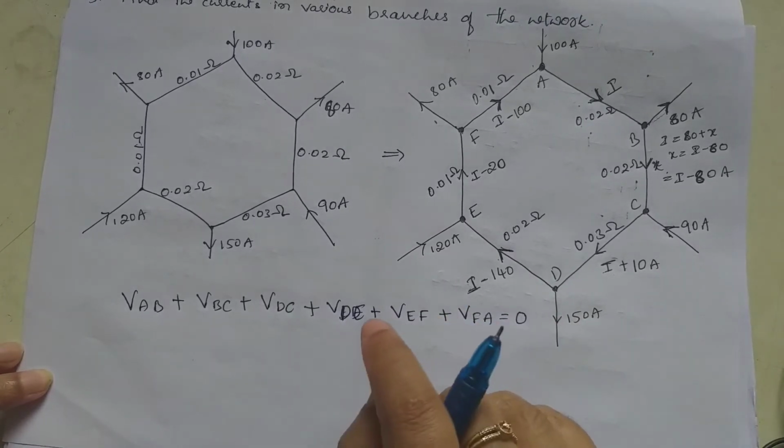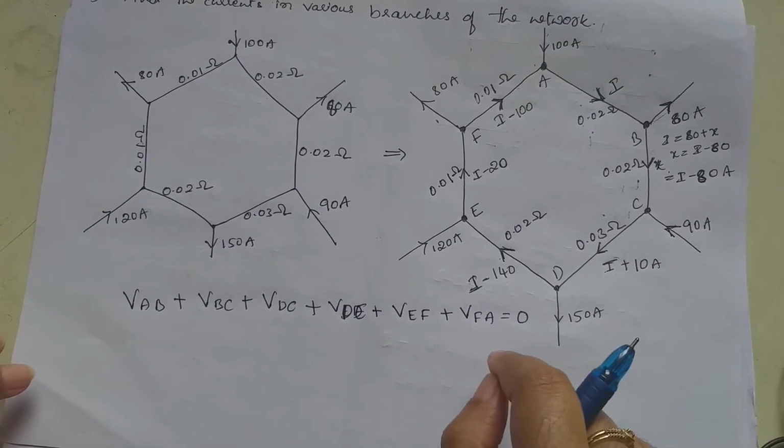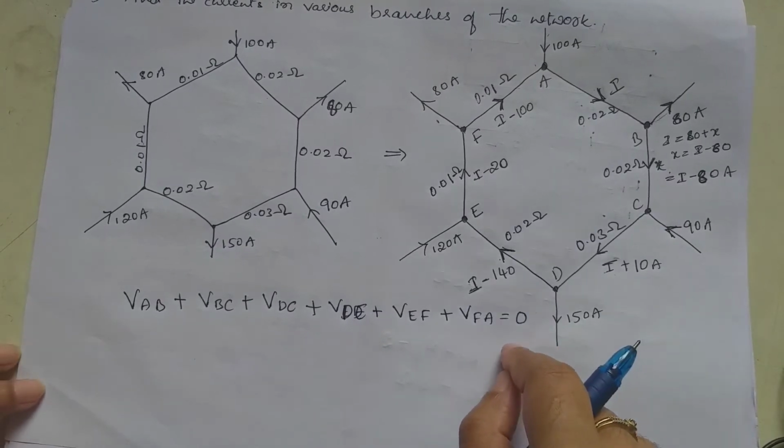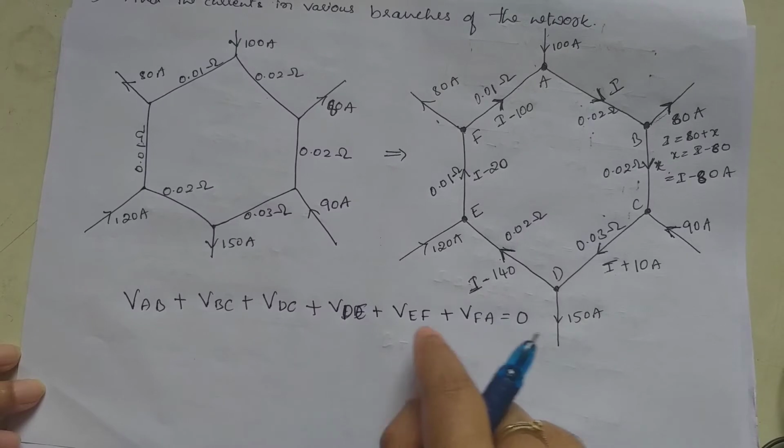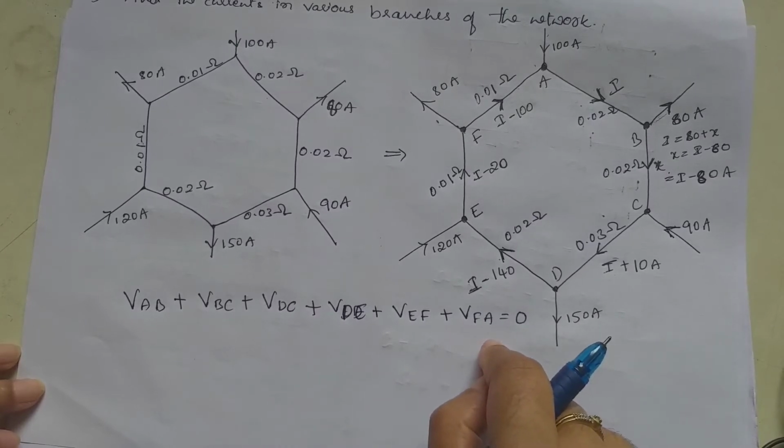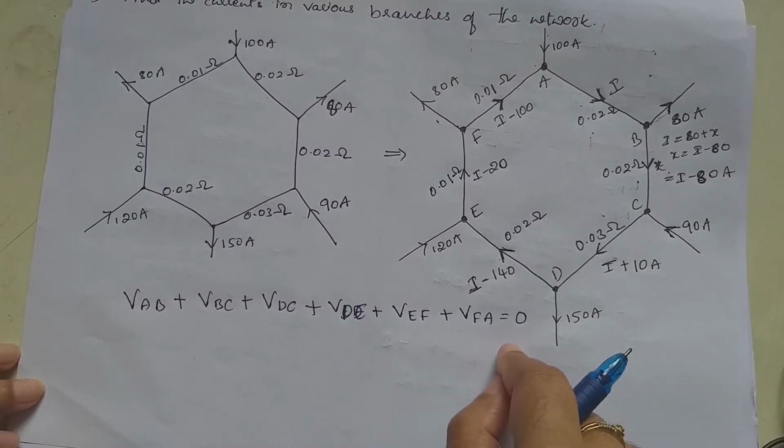The sum of the voltage drops and EMFs in the circuit is 0. Only voltage drops are there, so the sum of the voltage drops is equal to 0.